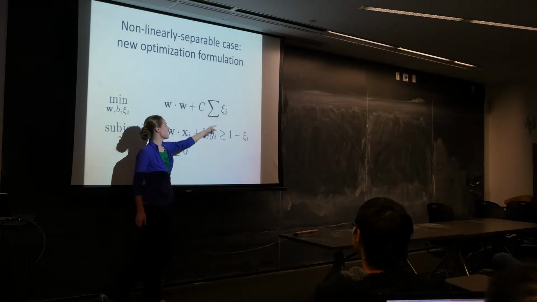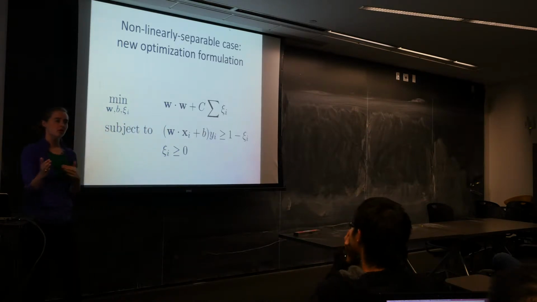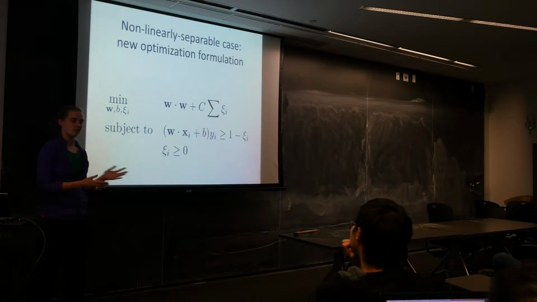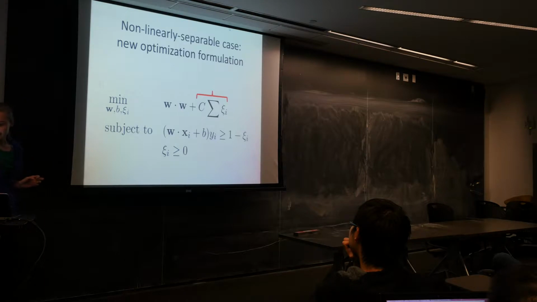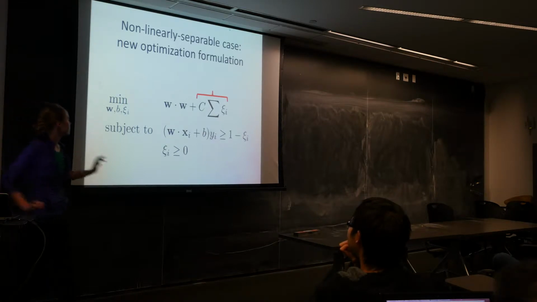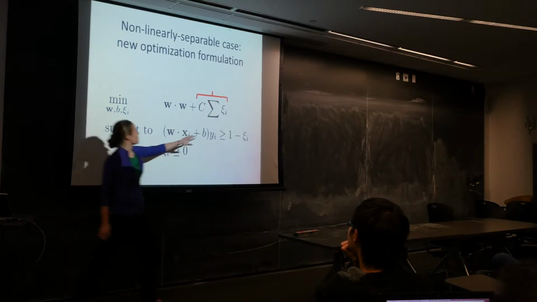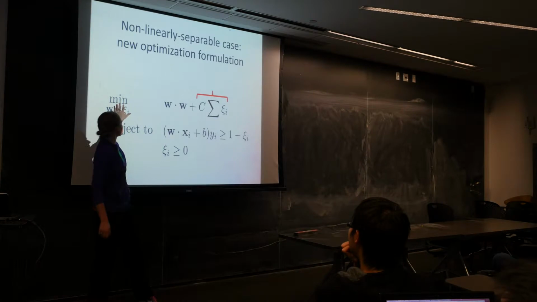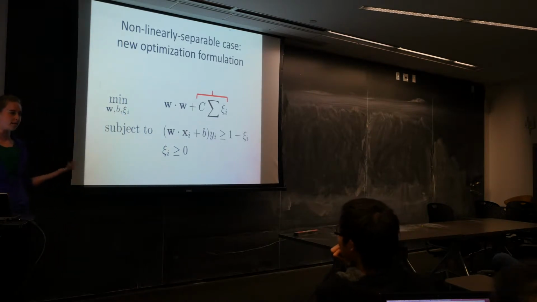But really what these psi i's are getting at is how far either into the margin or on the other side of the decision boundary these points are. They're technically called slack variables. So they allow the points to be within the margin and on the wrong side of the separating hyperplane, but there's a penalty placed on it every time you do. They're constrained to be non-negative, so every time you have to add something here, that's going to mess up your minimization objective. So that's what we mean by there's a penalty to them.